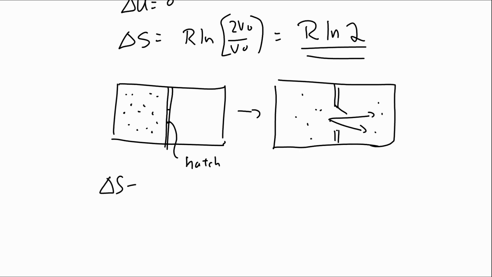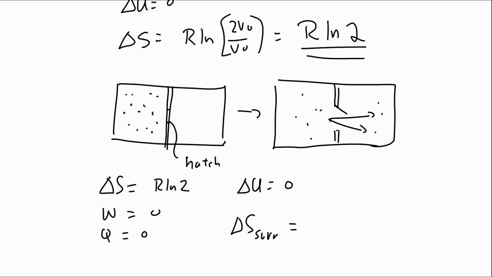So we can calculate. Delta S was R log 2, work was 0, Q was 0, delta U was 0. Delta S of the surroundings: for the reversible one, heat went into the gas and it came out of the surroundings, right?